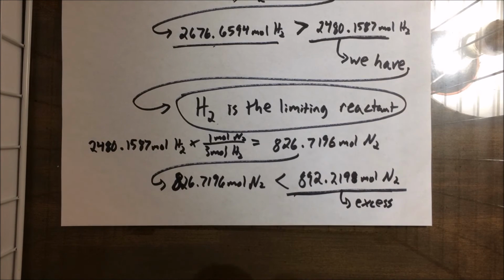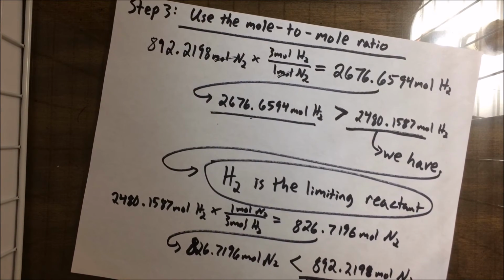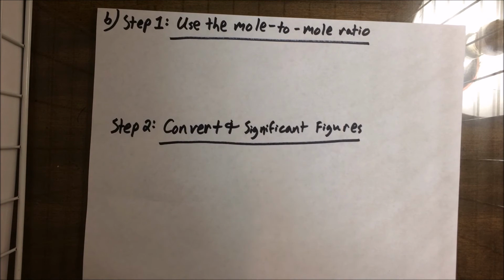Okay, so now let's do part B. In part B, step 1 is to use the mole-to-mole ratio. Just to remind you what we're supposed to do in part B, we're supposed to find what mass of NH3, the product, is produced.